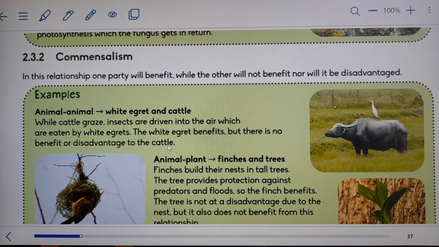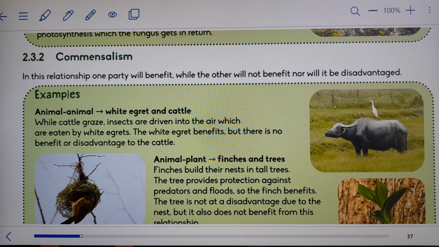Okay, so everybody is safe, but one party only benefits, which is the white egret. But I think somewhere, somehow, the cattle benefit because the pests are taken away from it, like the ticks and the stuff. Okay, but now let's leave that out. Only the white egret benefits.